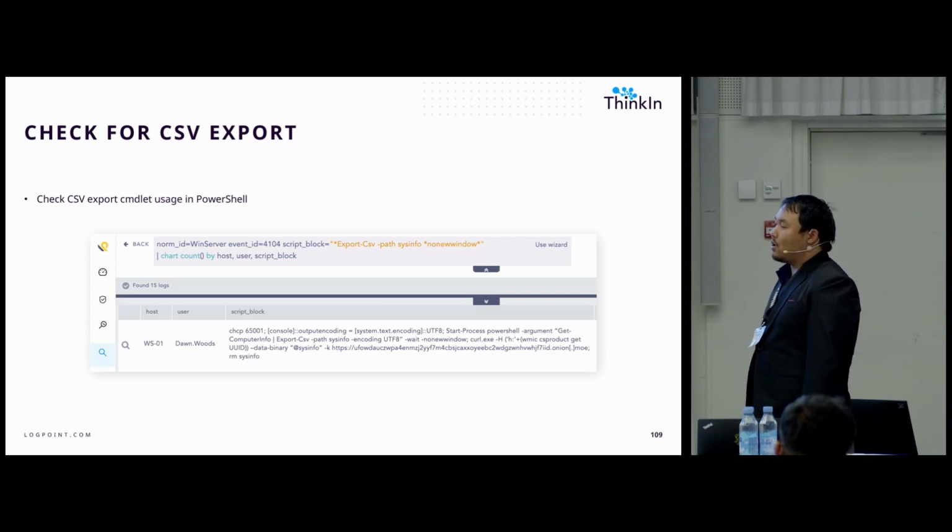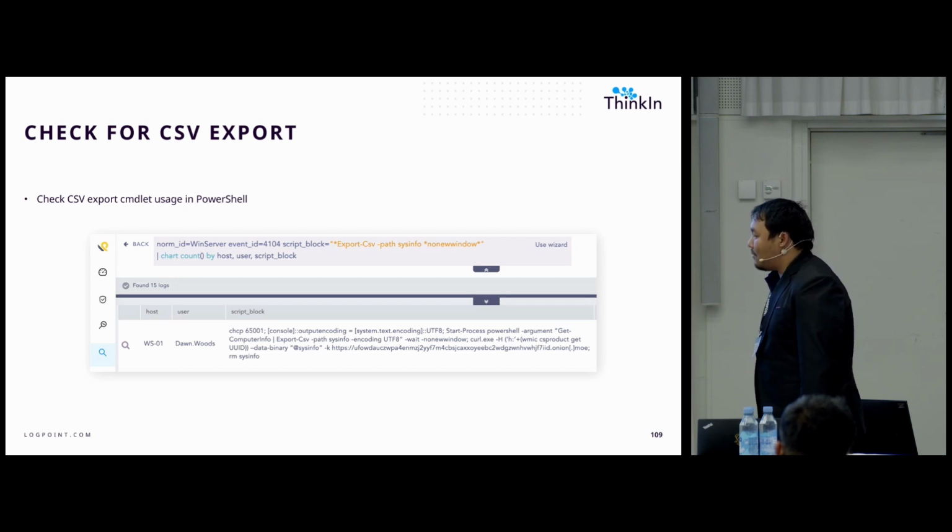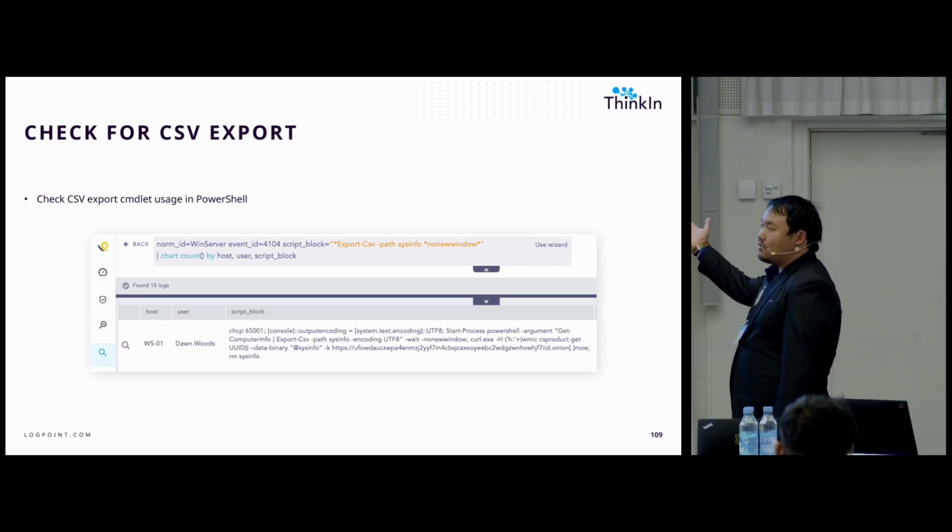So Microsoft plugged that gap in version 5. In Windows 10, you will get version 5.1, where they added module logging and script block logging. They are not enabled by default, but we recommend that you enable them because we have many analytic rules that use this data source. PowerShell will log every activity the attacker does, whether command shell or script.